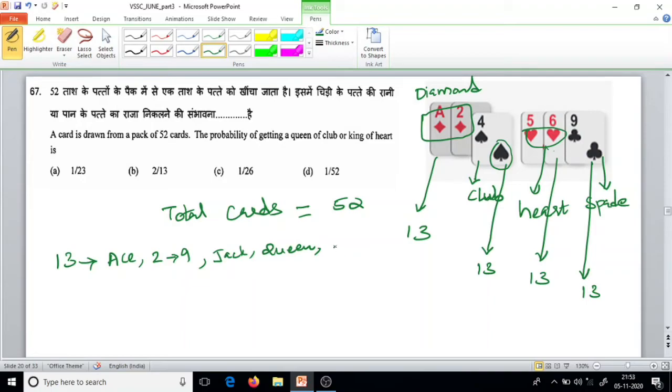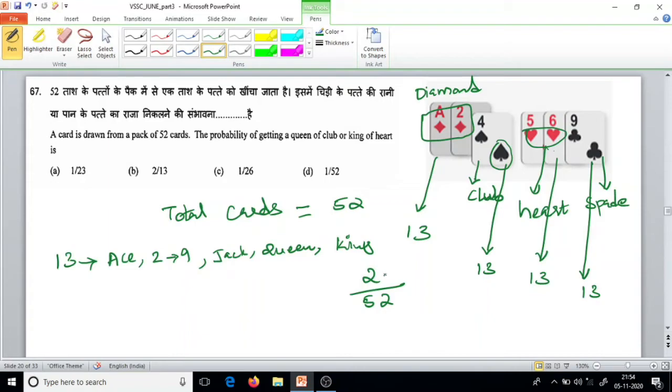Now the question is the probability of getting a queen of club or king of heart. That means out of 52 options, the favorables are only two.